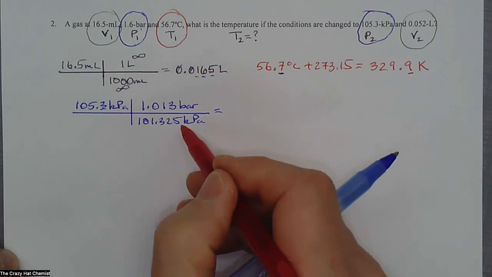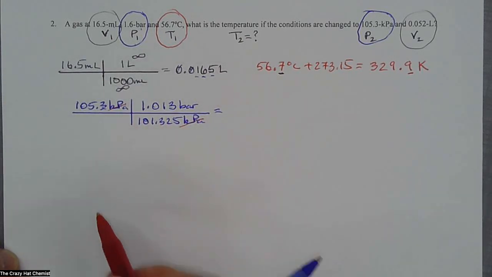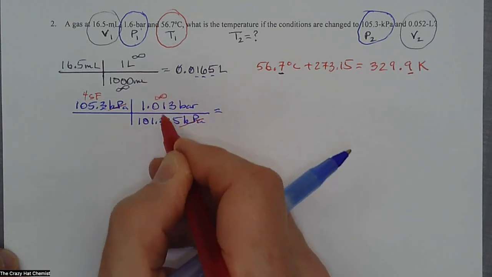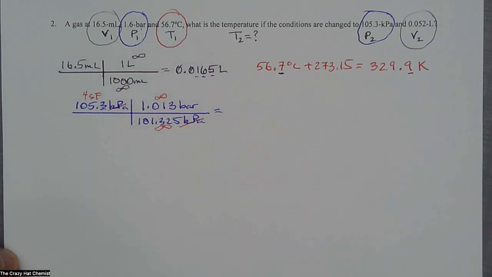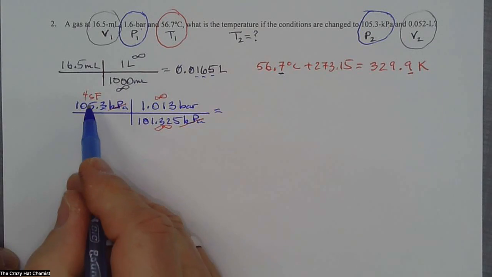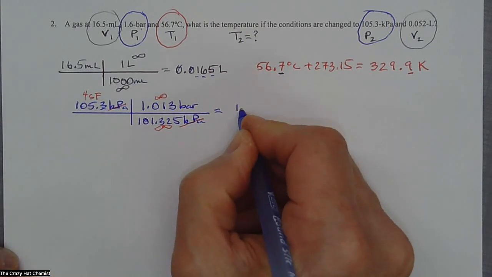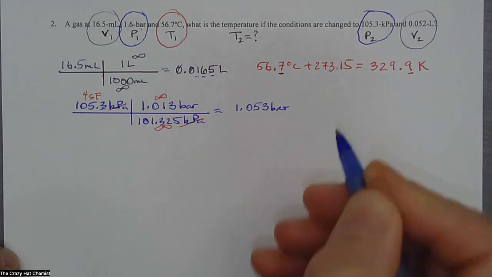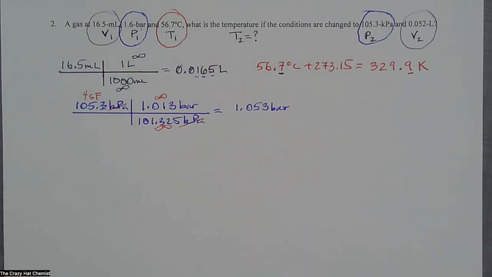And you should see that the kilopascals cancels out. This has 4 significant figures, and these are both infinite because they're defined. So I'm going to maintain the number of significant figures, which is 4. So this will be 1.053 bar. Okay, fantastic. So now I have done all my volume, my temperature, and my pressure conversions respectively.